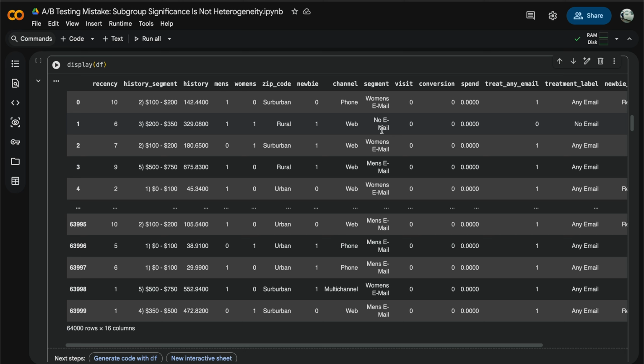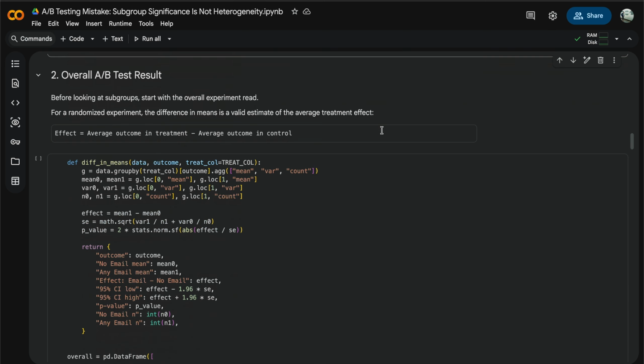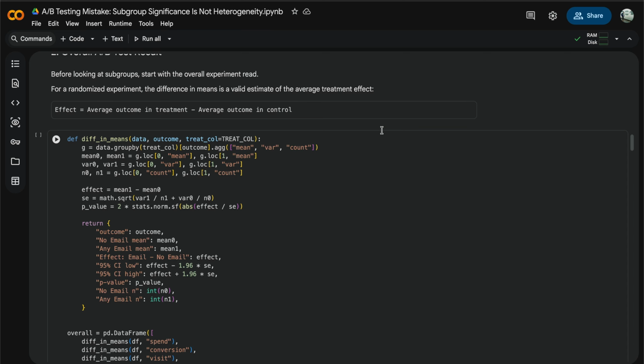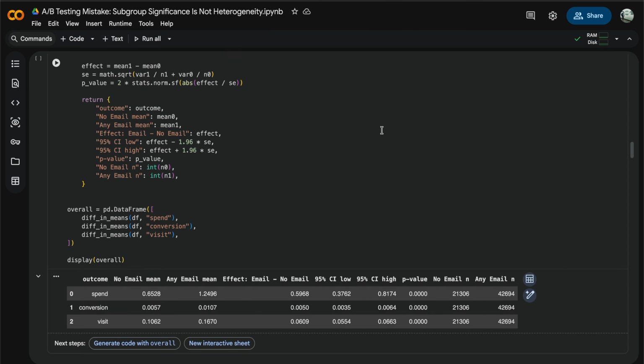The first thing I would like to walk you through is always to look at the overall experiment results. Let's look at it together.